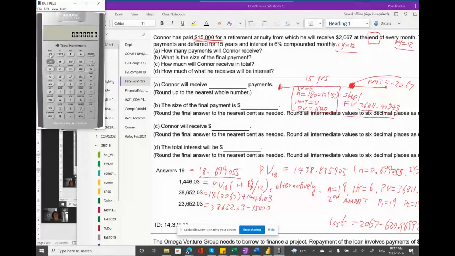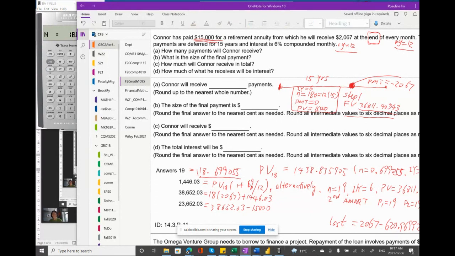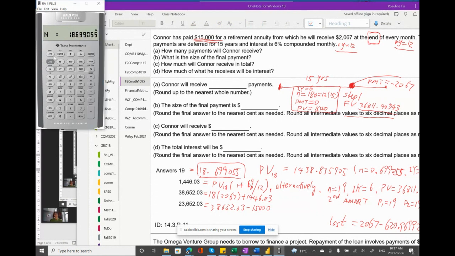Now I have 6 decimal places. Then I compute term N. I get exactly the number I got before with 6 digits. You do not need to re-enter the numbers because the most recent numbers I entered are for this question. I just need to press compute. That's it.